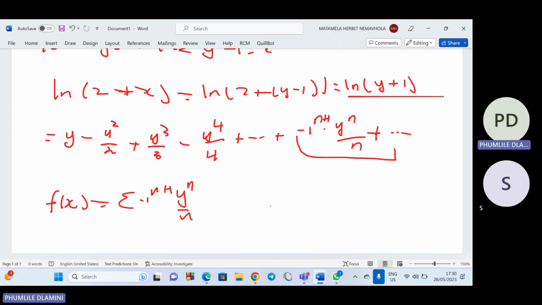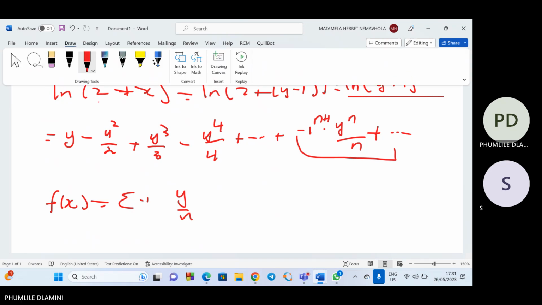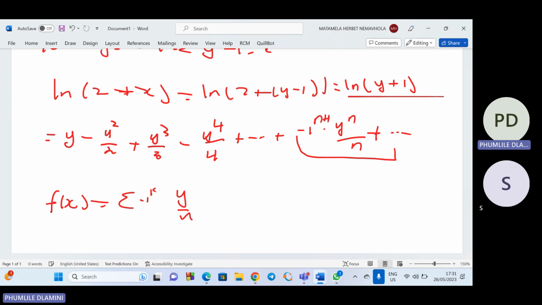Because we are using n here, we can use the value k instead. So if we use k, it's going to be k plus 1 times y to the power k over k.